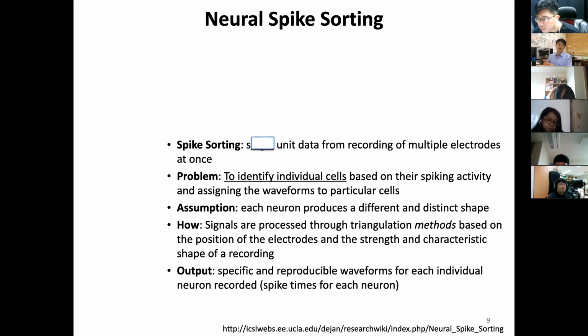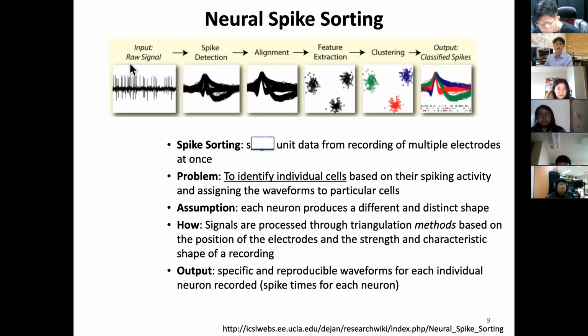Once we get the signal, it is time to analyze it, which we call spike sorting. As you remember, those are spike signals, and if you expand this one, you will see the various shapes of the neurons' spikes. They have been detected and arranged.